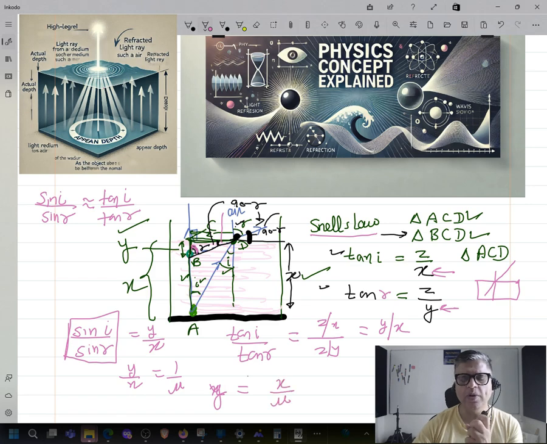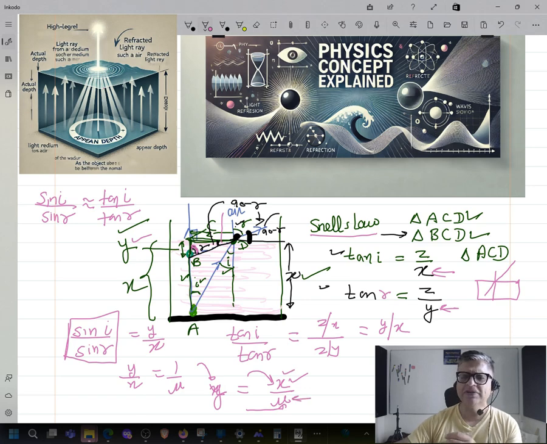So if you know the real depth, you divide it by the refractive index of the medium, and you get the apparent depth. So the apparent depth is equal to the real depth divided by the refractive index.